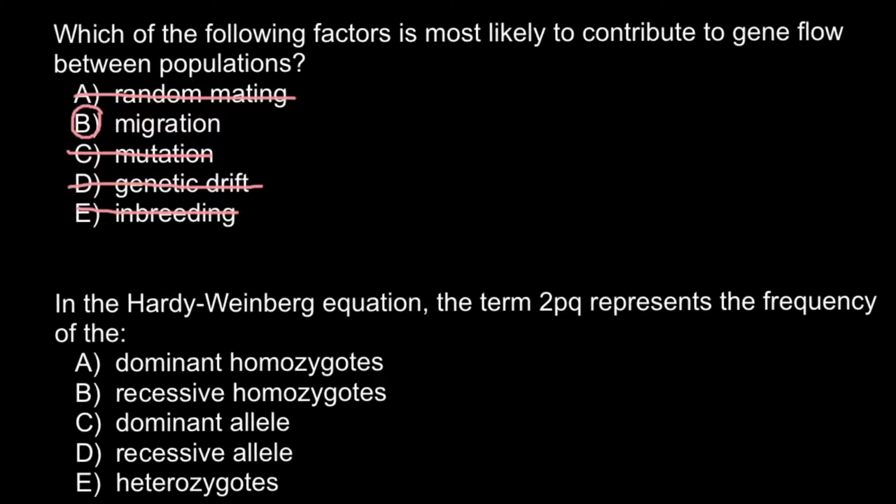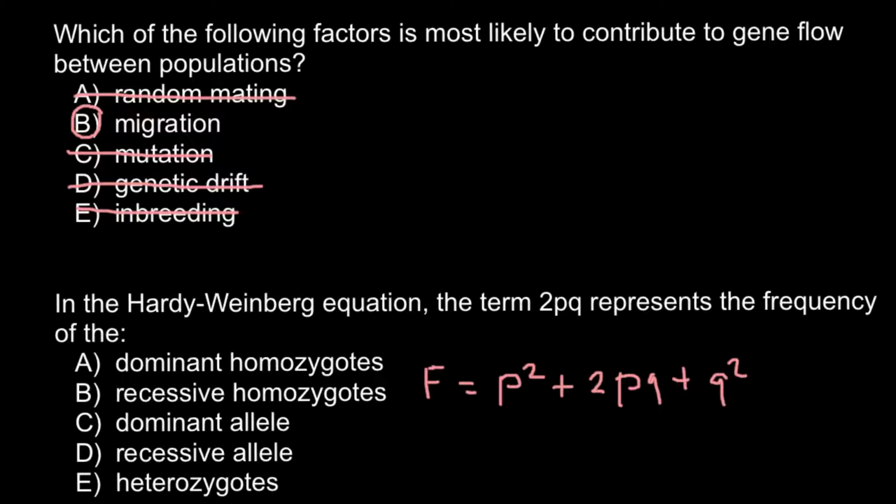In order to answer this question, let me write down the formula itself. So here is the formula. The formula stands for the balance of the frequencies in one generation. Frequency equals p squared plus 2pq plus q squared.